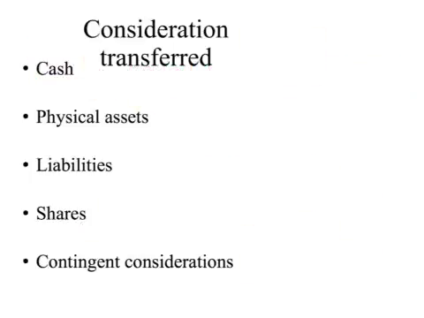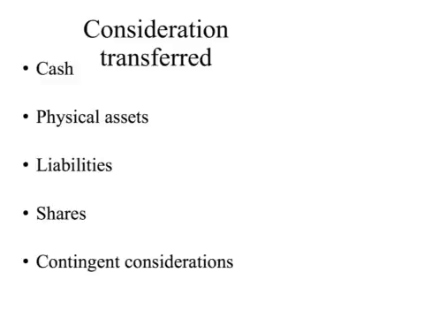In a business combination, the consideration that is transferred by the acquirer to the acquiree is measured at fair value on the acquisition date. Now, the consideration that is transferred can consist of more than one form of consideration. I've listed here some of the possibilities.